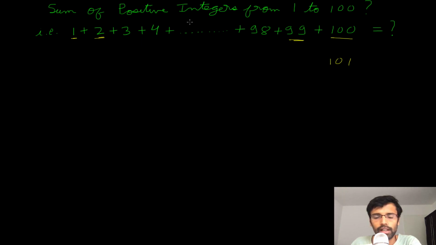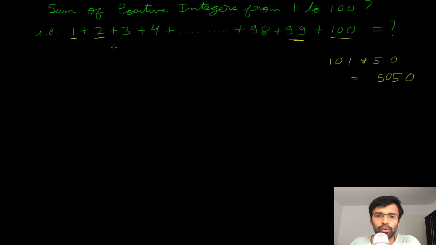So we would be adding 101 50 number of times. That is 101 multiplied by 50, and the answer would be 5050. So if we had taken this approach in the beginning, then we can reach the answer very easily.